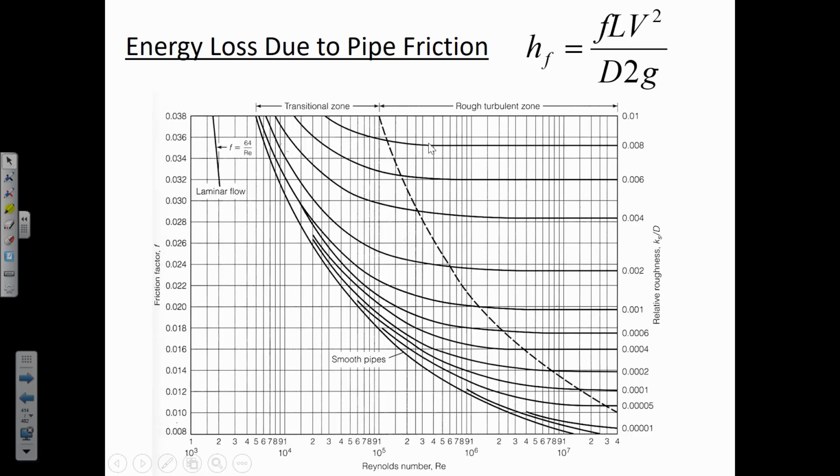And so it's in that curved part of the figure that this whole issue becomes iterative, where you don't know exactly how rough the pipe is until you know how fast the water is moving, but you don't know how fast the water is moving because you need to know the roughness to be able to predict that.